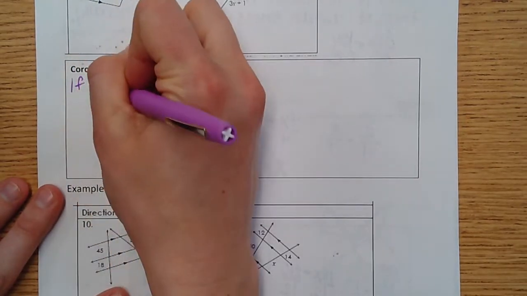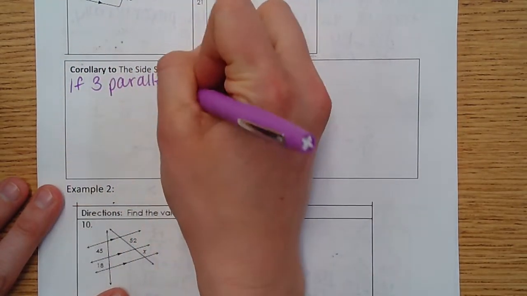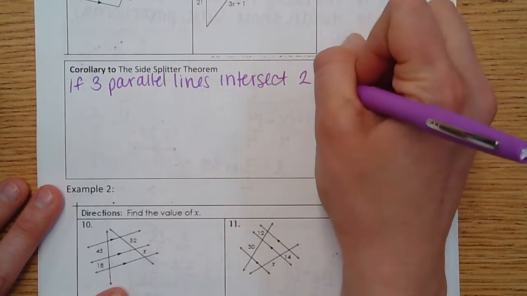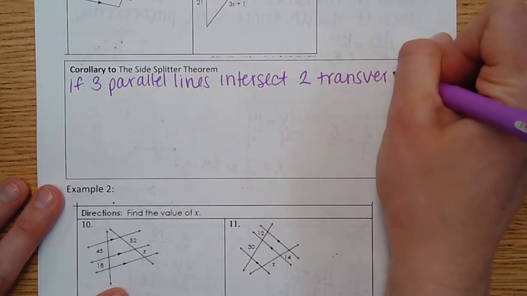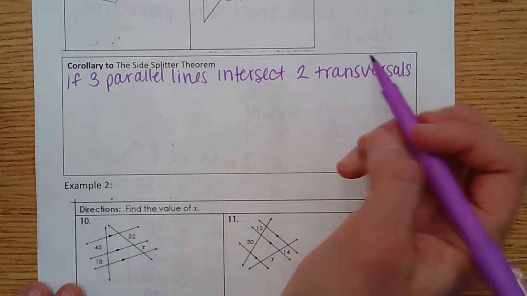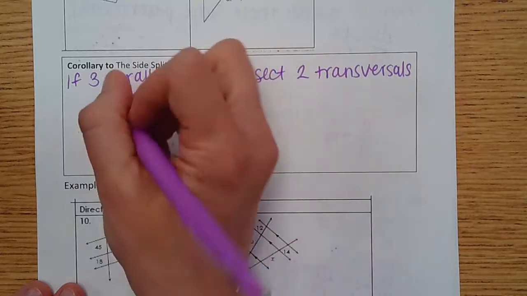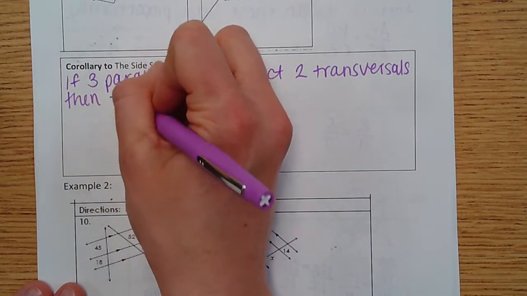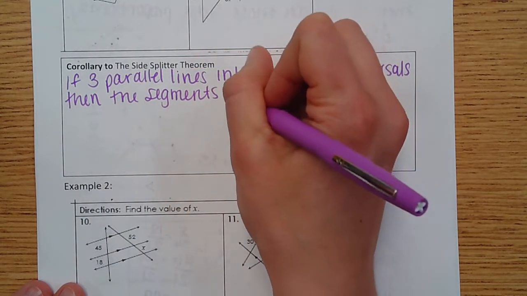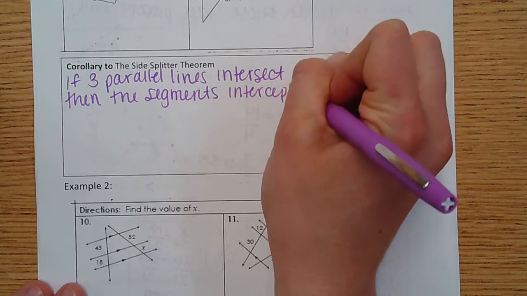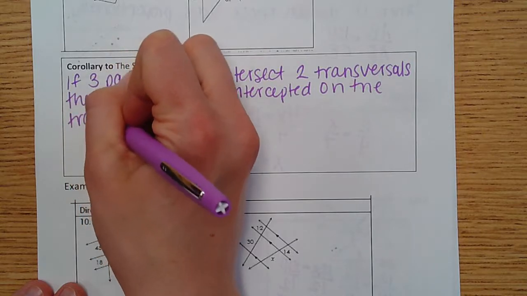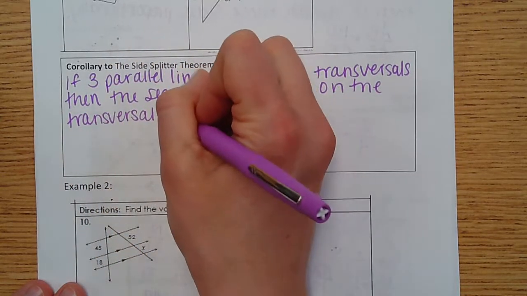If three parallel lines intersect two transversals, remember a transversal is just a line that cuts through two lines or more, then the segments intercepted on the transversal are proportional.